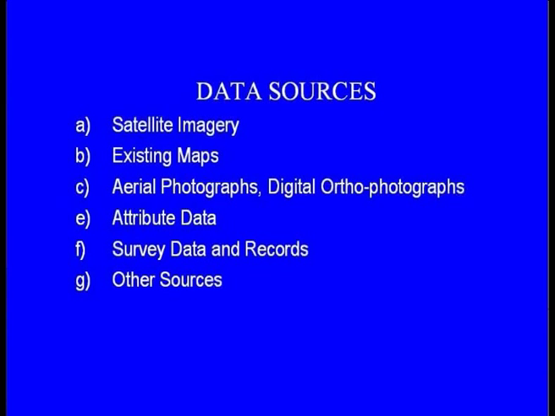So, these data sources could be satellite imagery, existing maps, aerial photographs, digital orthophotographs, attribute data, survey data and records, and other sources. Let us look at each of these data sources one by one.